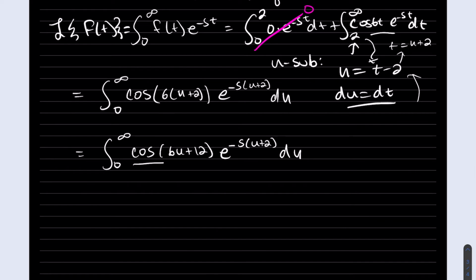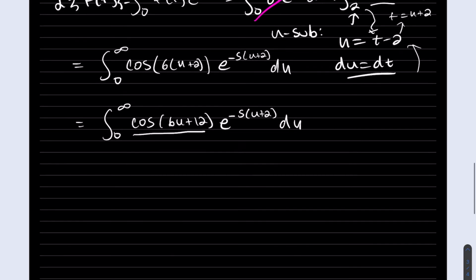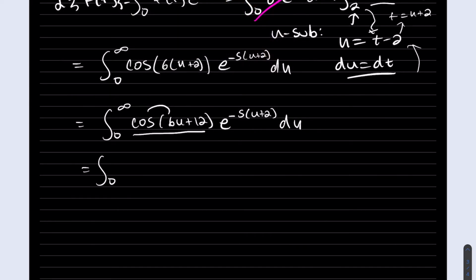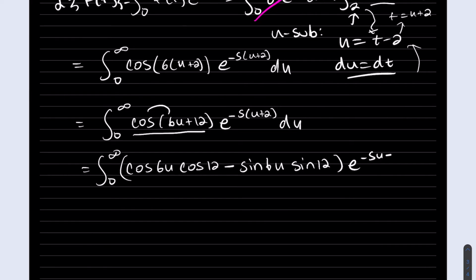So what we're going to do here is break that up using the sum formula for cosine. Remember, it starts there. So the sum formula, and remember, it's du. I'm going to break this up.